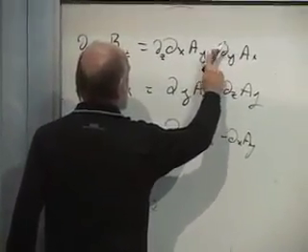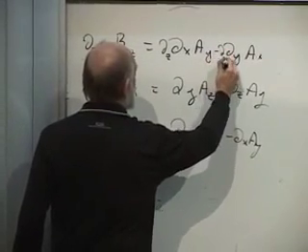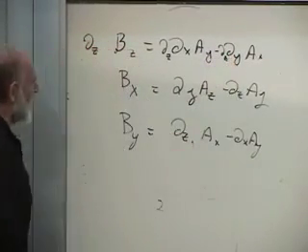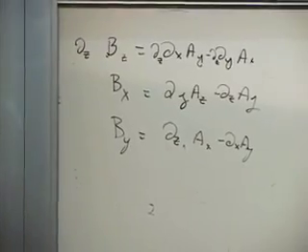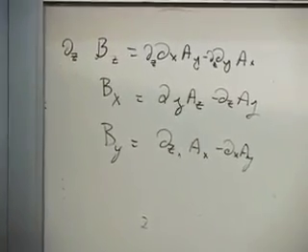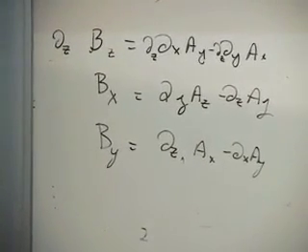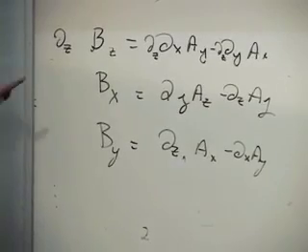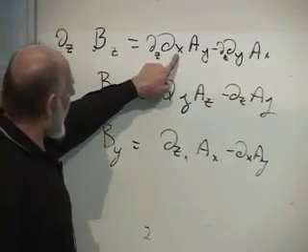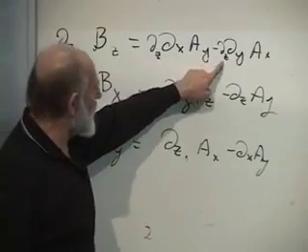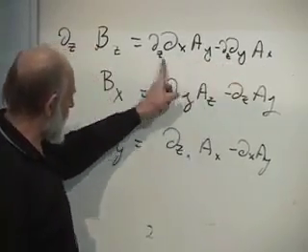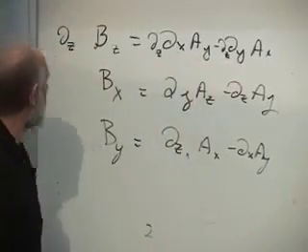Ax, Ay, and Az all depend on z. They depend on all the coordinates. So we get dz dx Ay minus dz dy Ax. This means multiple derivatives, second derivatives.